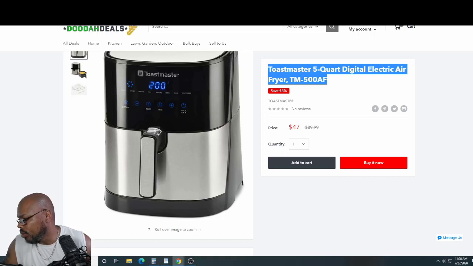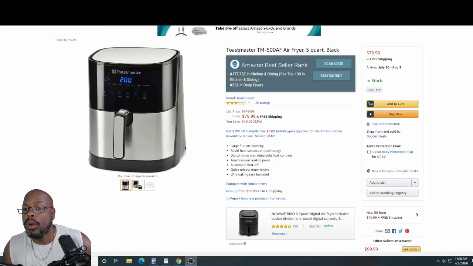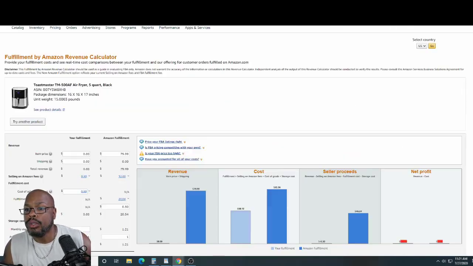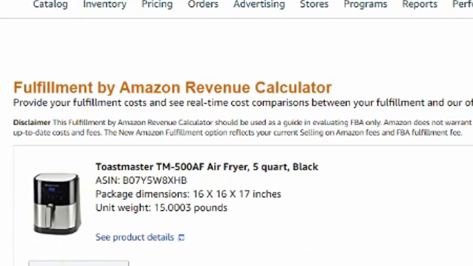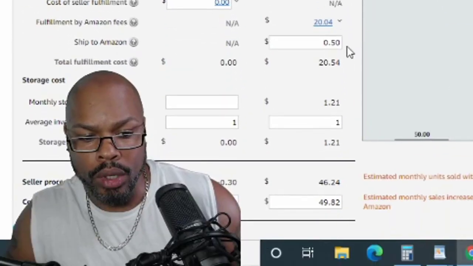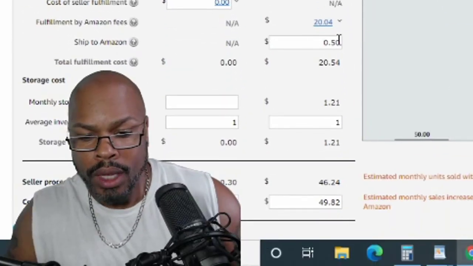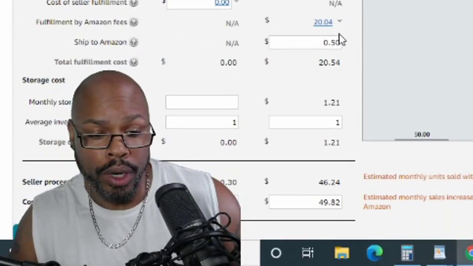Then once you do that, you're going to want to come over to a free tool that Amazon gives you. It's called the revenue calculator. And then here you can see what I'm going to sell the product at. This is about what it's going to cost for me to send it in, to get my inventory into the warehouse.